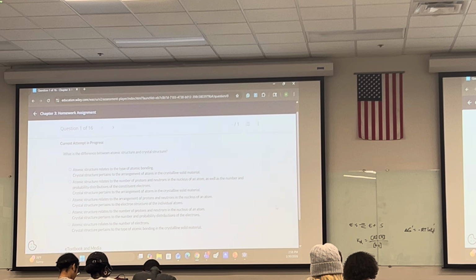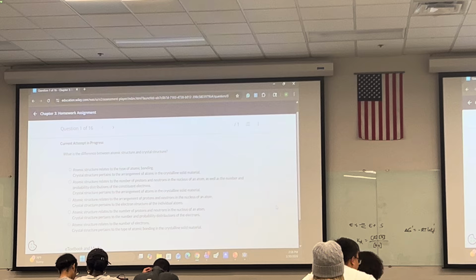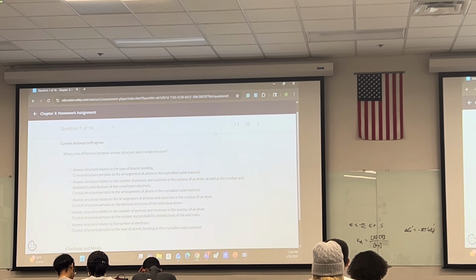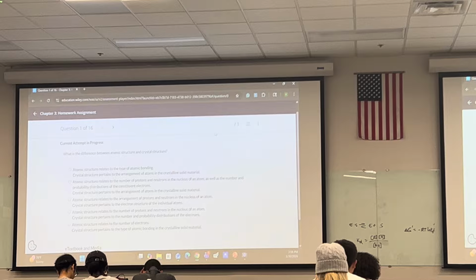So basically this question is asking, what is the difference between atomic structure and crystal structure? We can go through this one really quick, just because it's not too bad. I actually want to get into explaining the math for the later ones, because I forget which question it was, but one was talking about the diamond structure, like the actual atoms in there, so that was a little difficult.